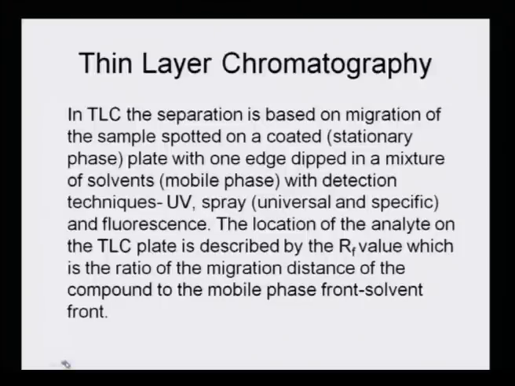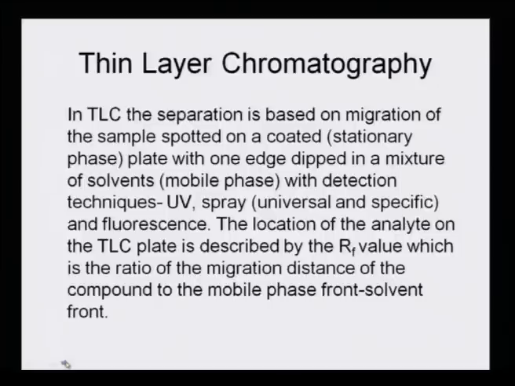Thin layer chromatography. In TLC, the separation is based on migration of the sample spotted on the coated stationary plate with an edge dipped in the liquid of solvents, the mobile phase, with detection techniques which can be either UV, spray, universal or specific, and fluorescence.